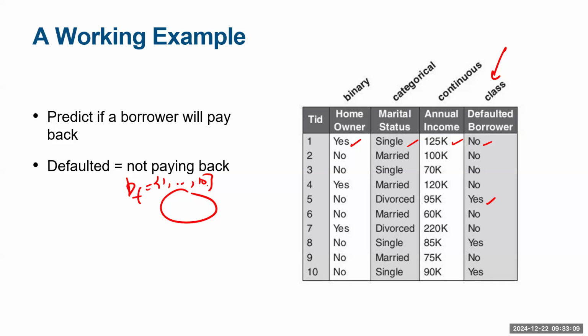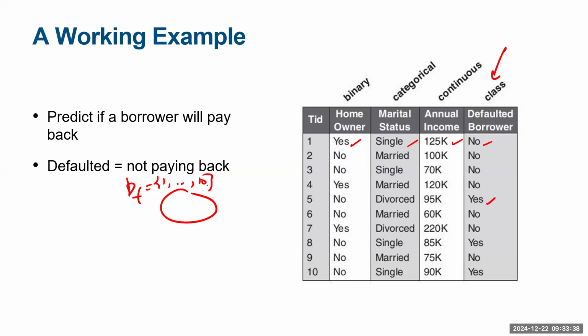If you want to make this the answer without checking, what would the answer be? You look at the majority. We have 3 yes and 7 no. So the default answer is no, they'll never pay back. But it's not so clear, because 3 of them pay back and 7 of them don't pay back.